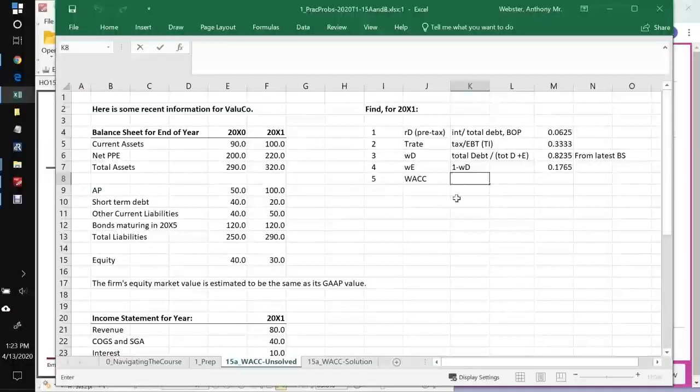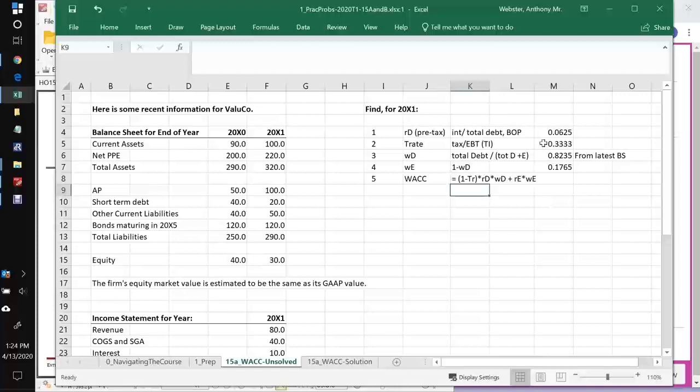Okay, and that's going to be equal to 1 minus the tax rate, which I'll abbreviate as TR, times the cost of debt capital times the weight of the debt that the firm has, and then plus, this is a lot simpler on the equity side, just the cost of their equity capital times the weight of their equity.